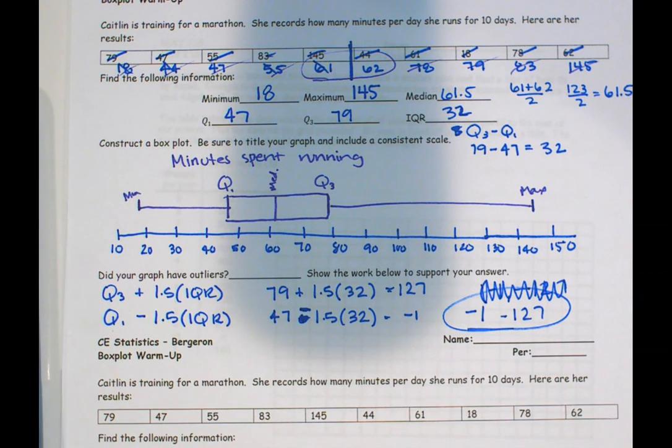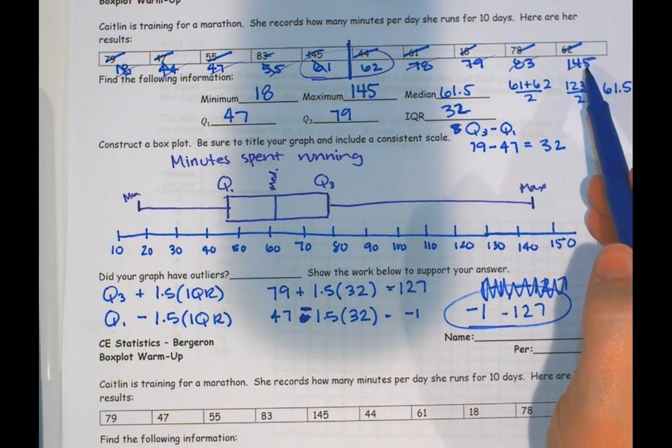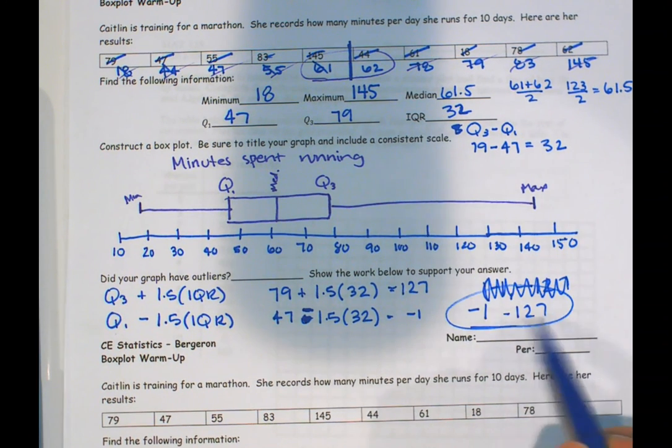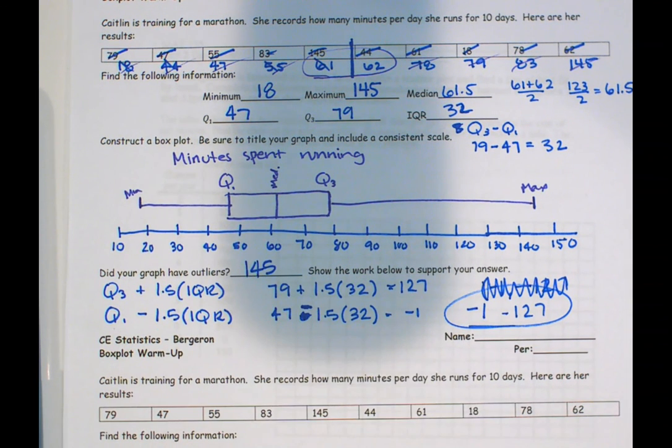Anything outside of that, we would count as an outlier. So in our case, we do have an outlier of 145. Every other number fits within this range except for 145. So 145 would be our outlier. All right, hopefully that was a good review of box plots before we move on.